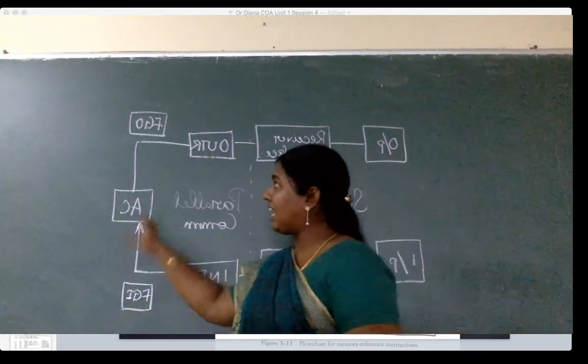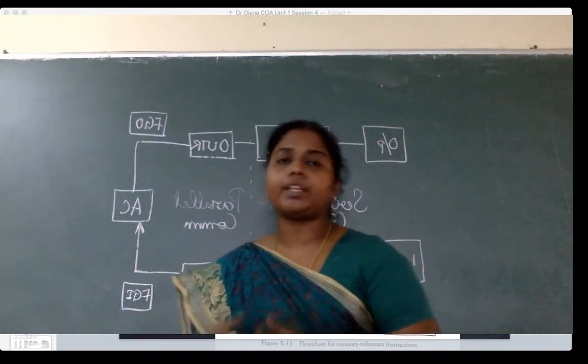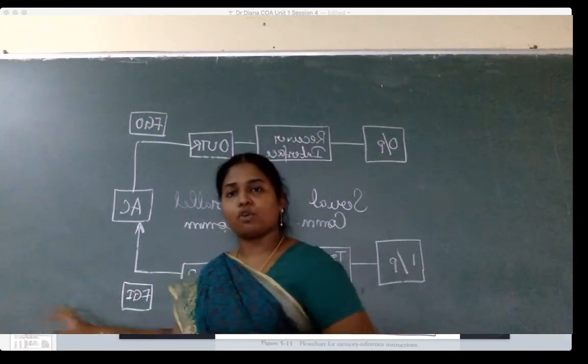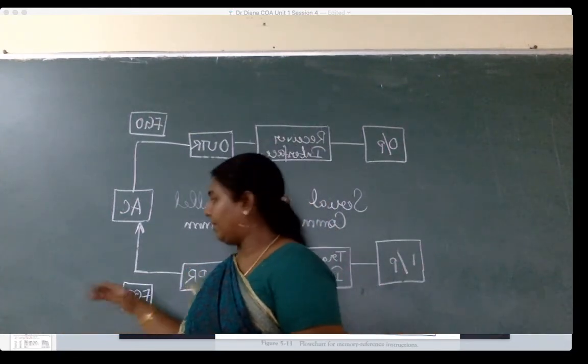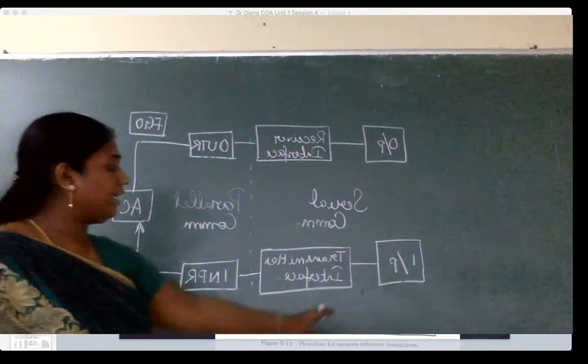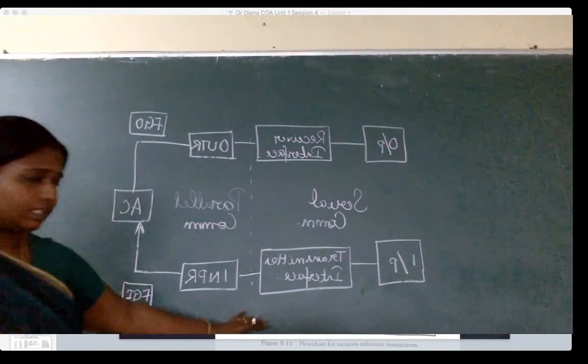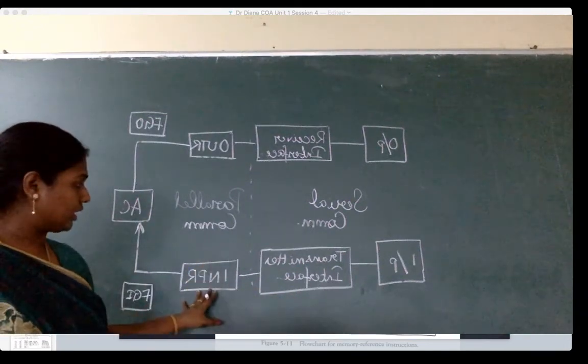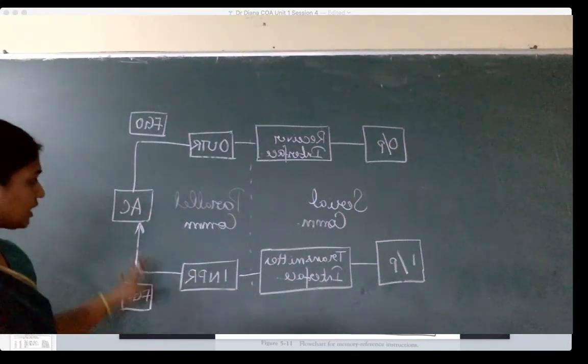Now these flags are in the hardware, they are designed using flip-flops. So flip-flops are going to be used for holding those flag values. Now we have the transmitter interface which is trying to send some data into the input register, and the input register gives a value.